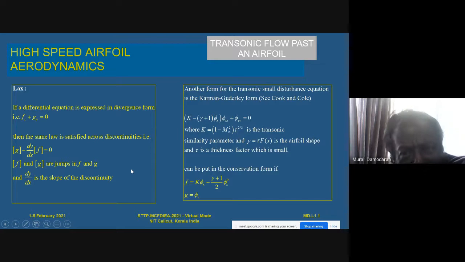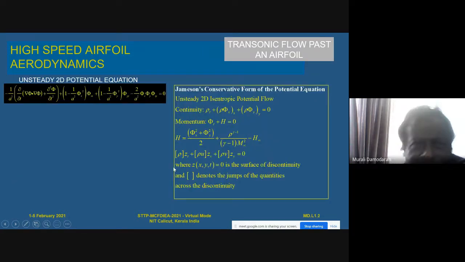This is possible, but people abandoned this altogether, because after listening to Murman and Cole, Jameson extended the idea to potential flow. So this is our steady potential flow, and here he writes this potential equation in a different way.